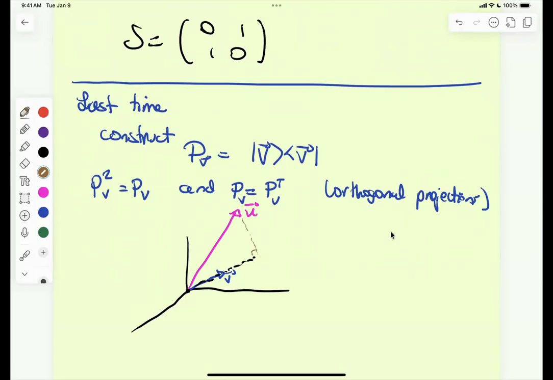So this one would be the projection of the vector u onto the line generated by the vector v.